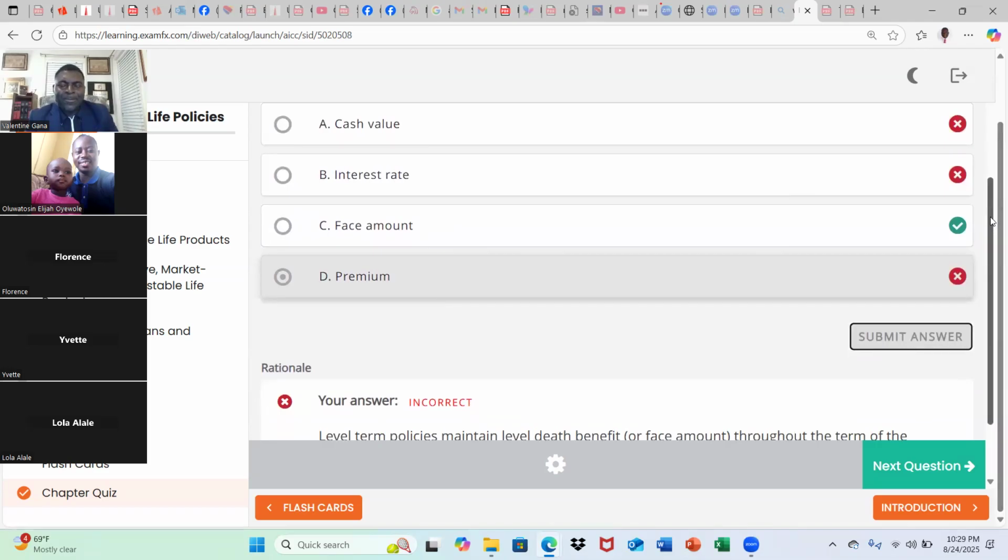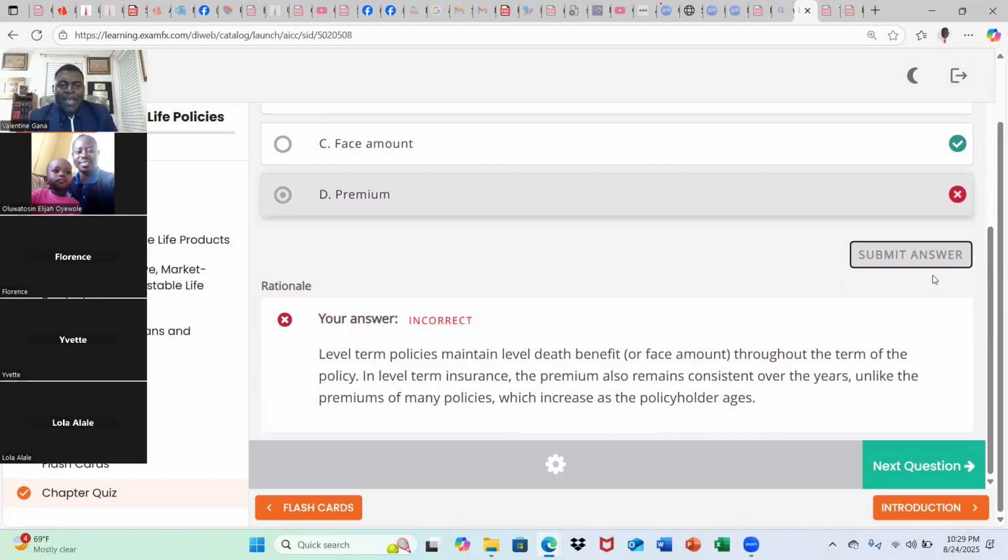Level policy and level death benefit throughout the term of the policy. The premium also remains consistent over the years. So they just told us that is level also.